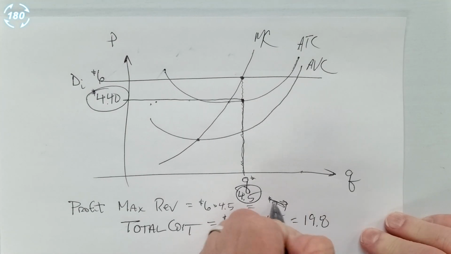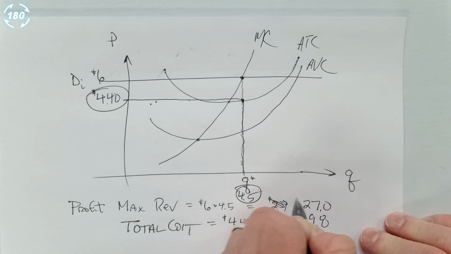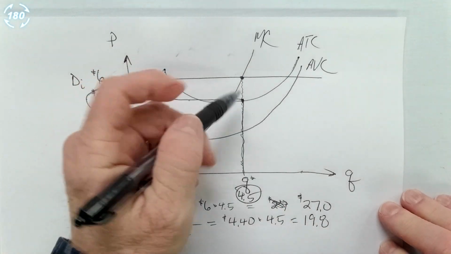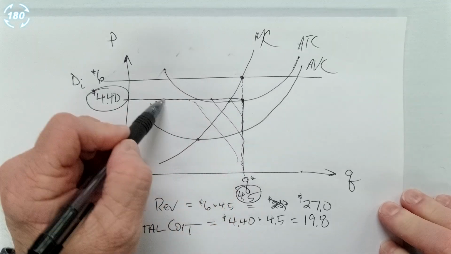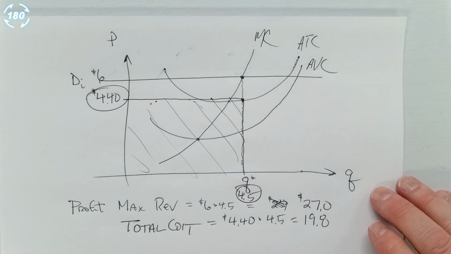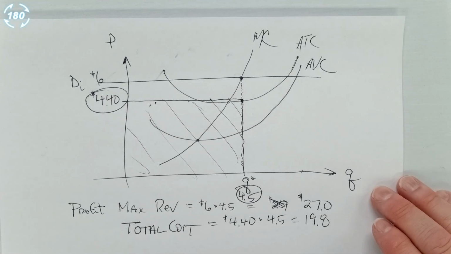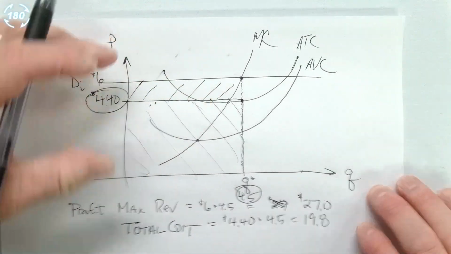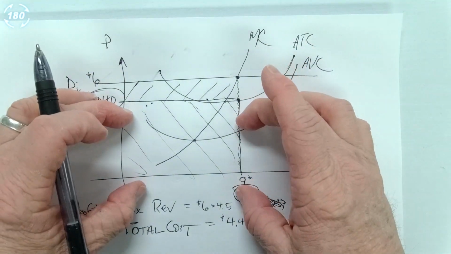Let me slide this over here. Okay, so that's this rectangle. So the profit is what? You see it, right? It's the big rectangle, subtract the little rectangle.